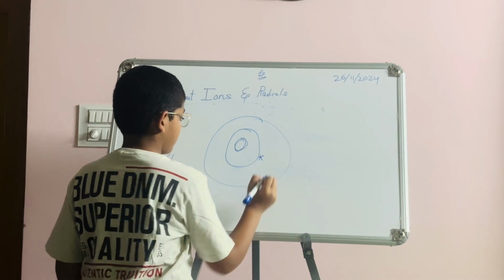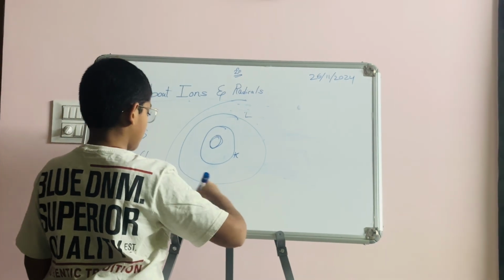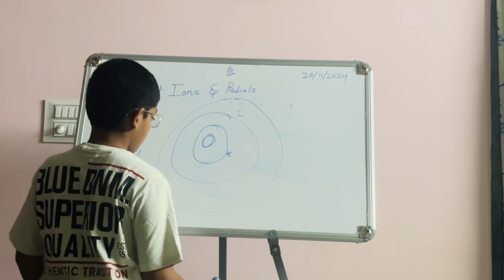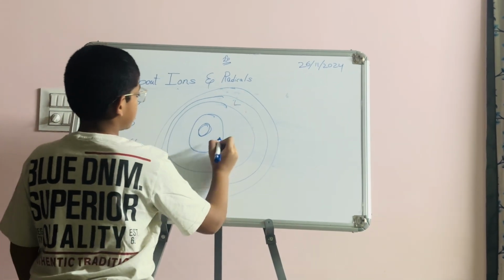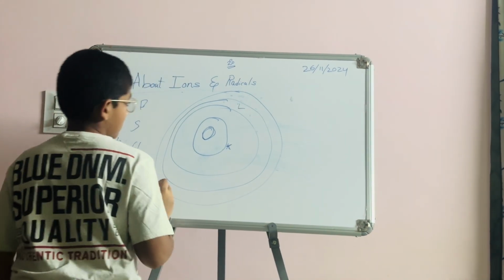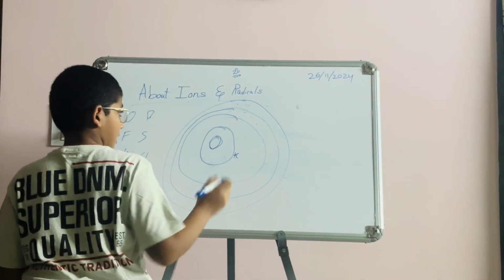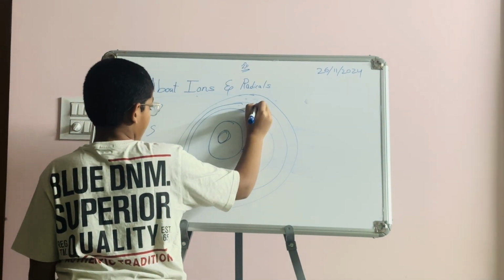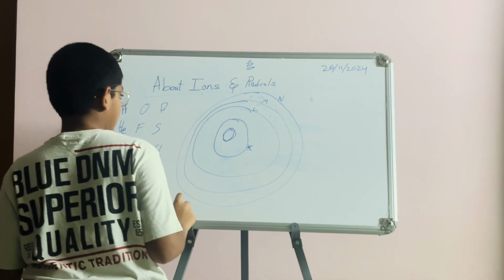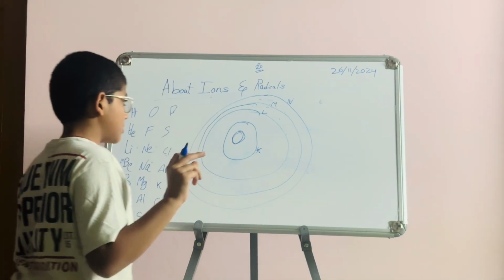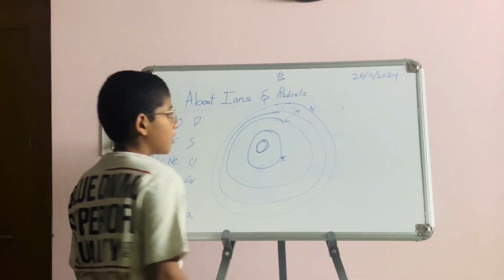They name the first one as K, the second as L, the third as M, and the fourth as N. In total there are 7 shells, but first let us know only about the first ones.